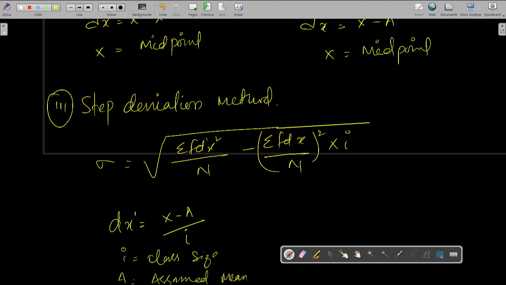Okay. Now, these are the formulas that we'll be using to calculate standard deviation.